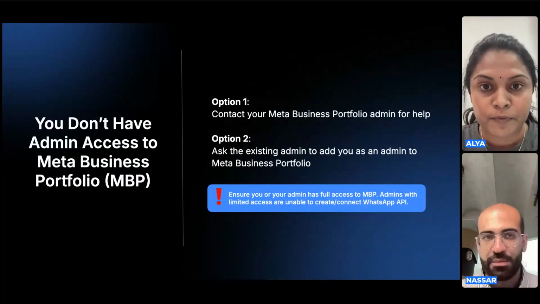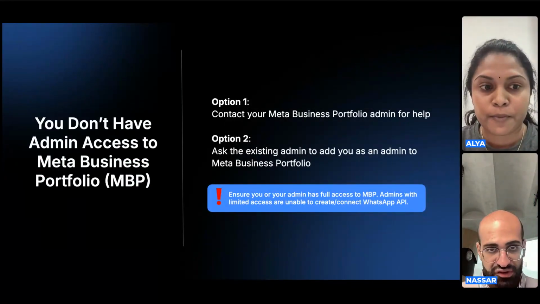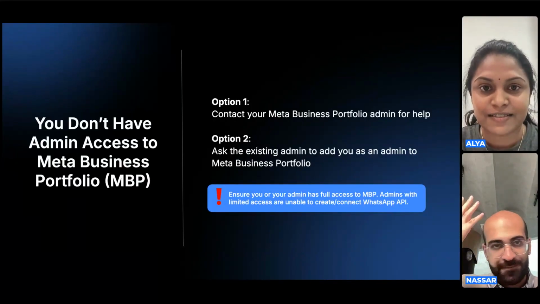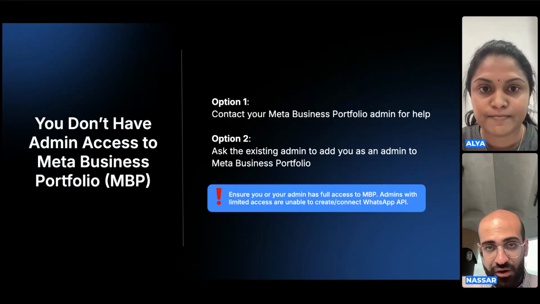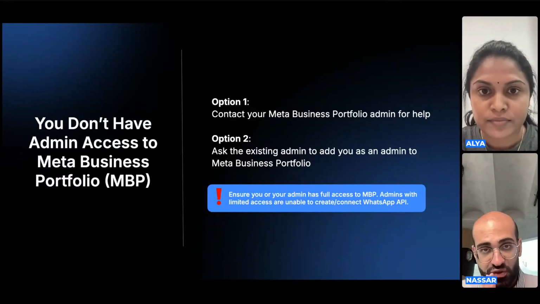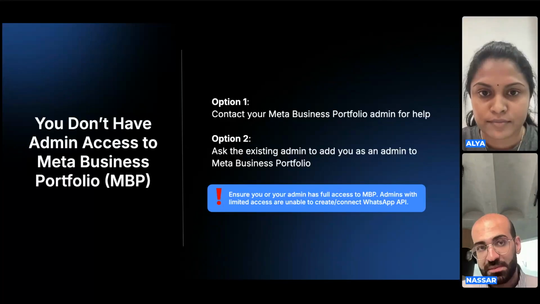The third common error our users face is that they don't have access to Meta Business Portfolio. Therefore, they are unable to select which MVP or which WABA, or they don't see this option. So what we recommend is to contact your Meta Business Portfolio admin, the manager who manages this MVP.